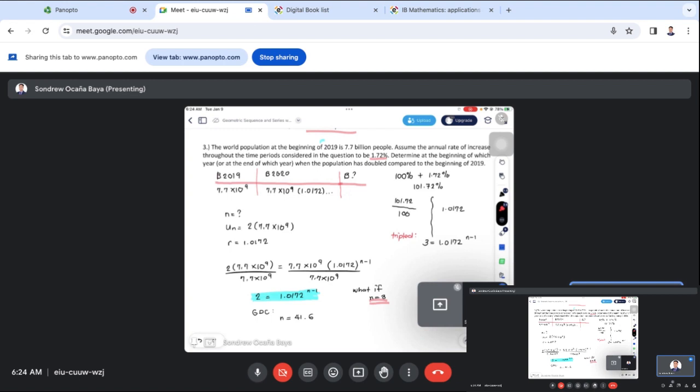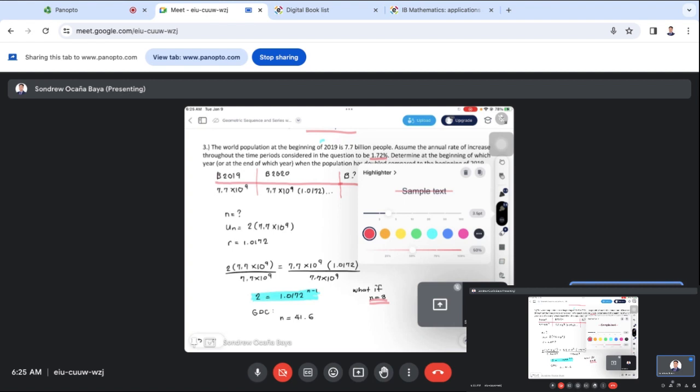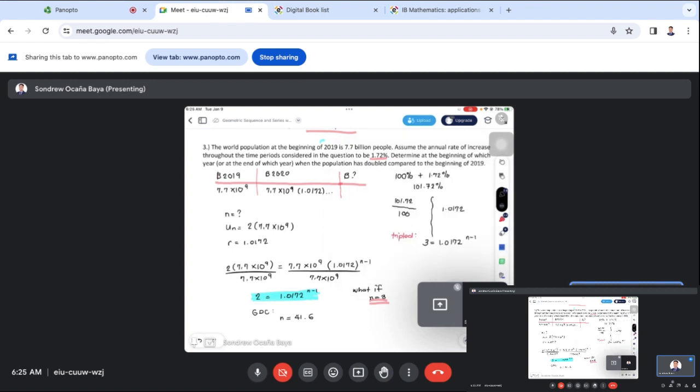Okay, so in this case, 41.6, that means since we include 2019, for us to get the year, we have to add to 2019, not 41.6, but rather 40.6. Okay, and this gives us an answer of 2059.6.